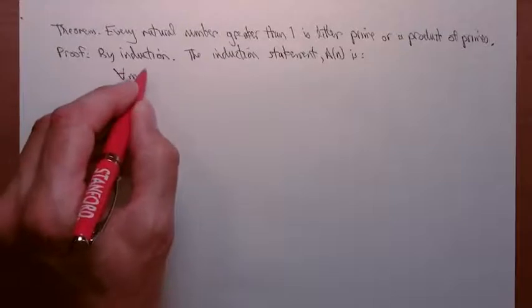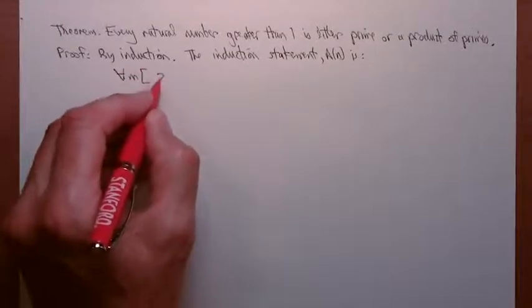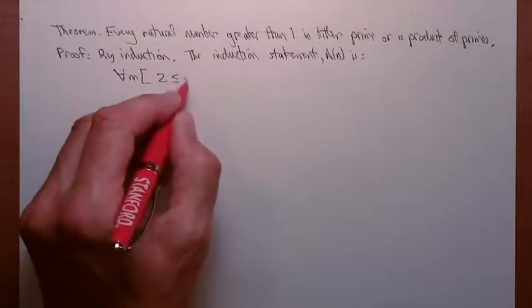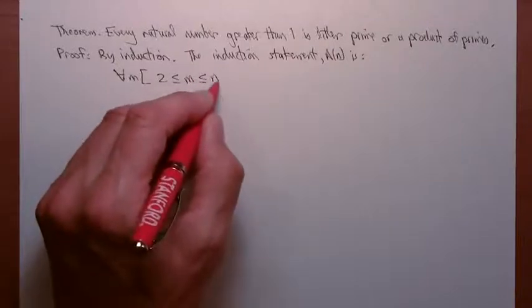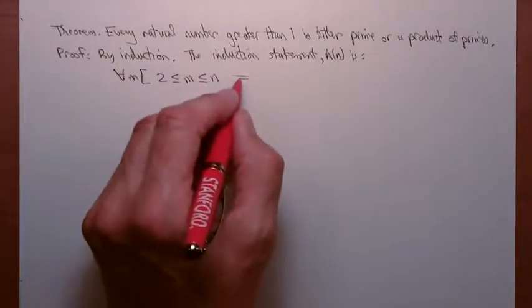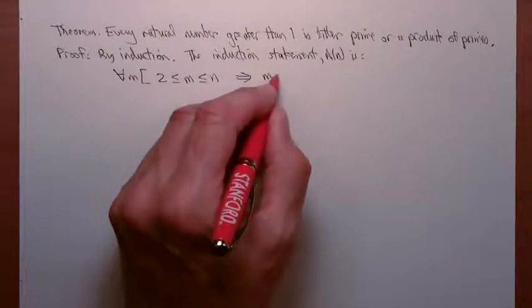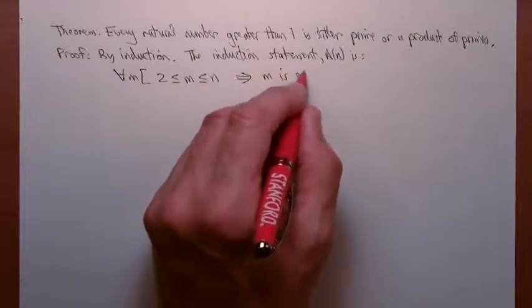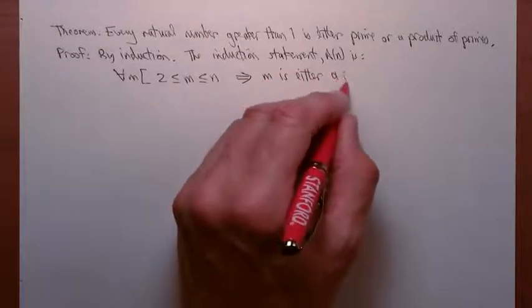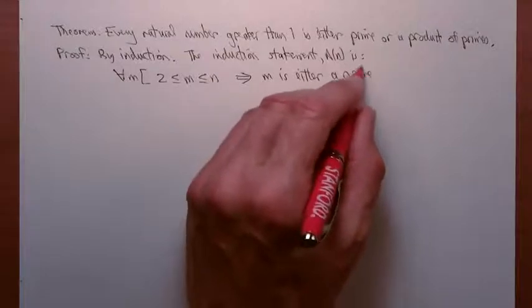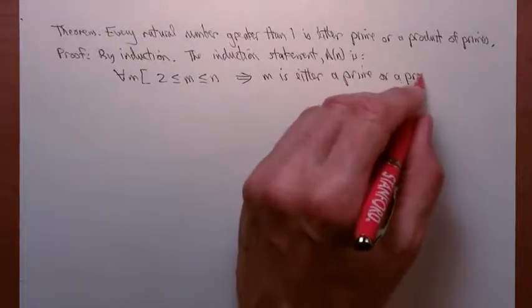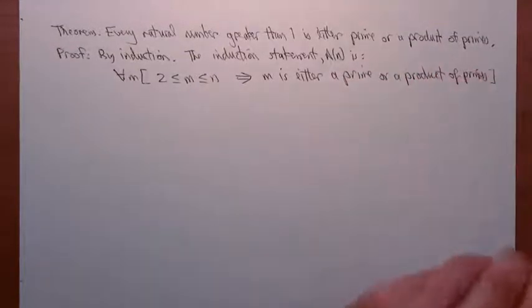For all m, if 2 is less than or equal to m is less than or equal to n, then m is either a prime or a product of primes.